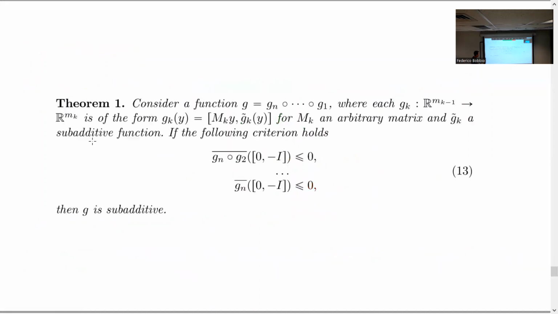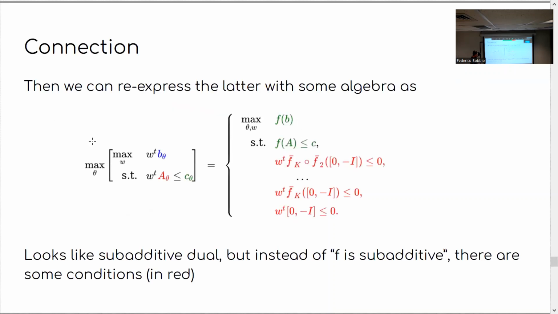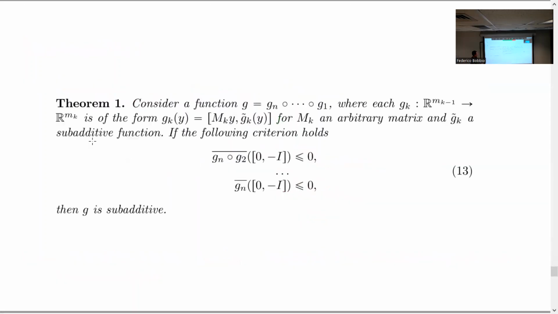But we have this very nice little theorem that we proved: if you look at these constraints, they basically guarantee subadditivity of the composition of f's. Namely, you can prove that having these kinds of conditions is exactly what you need to enforce subadditivity of the composition of the f's.